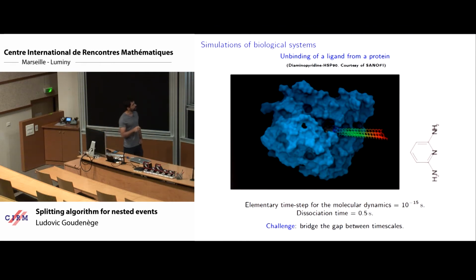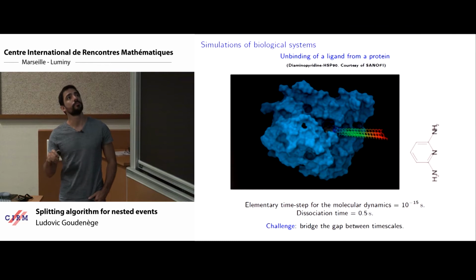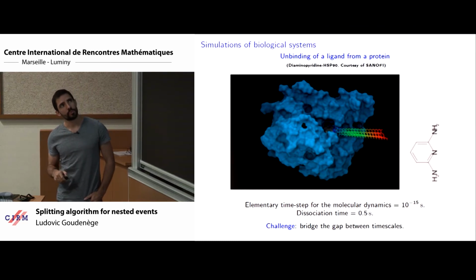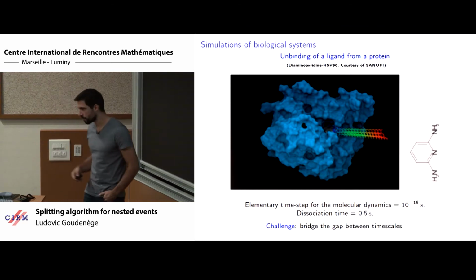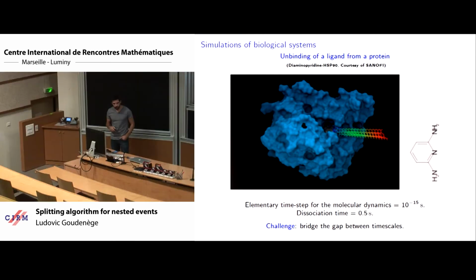In fact, in some industrial problems, we have a protein, for example, in biology, and we want to compute the dissociation of this molecule, so the change of conformation of the molecule. And typically, the dynamic is very fast, so you have a typical time step of this order.